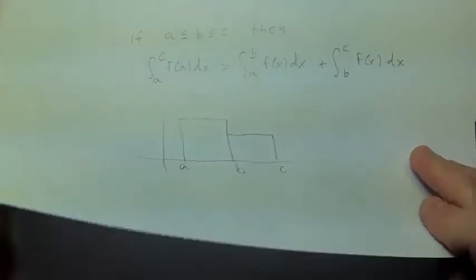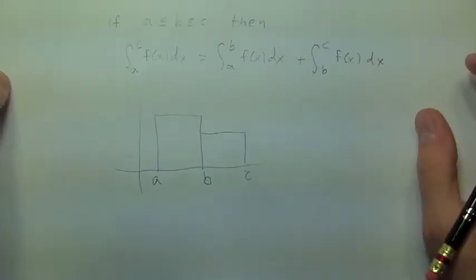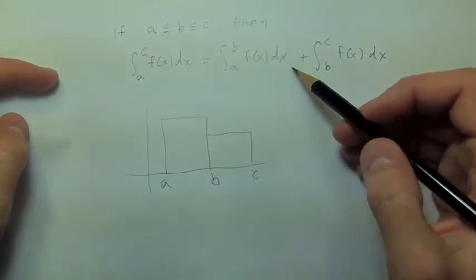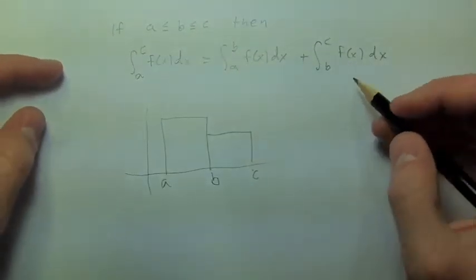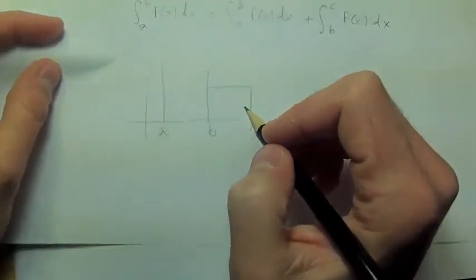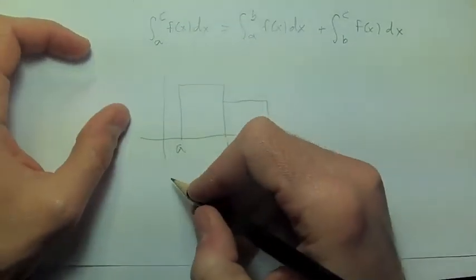So the integral from A to C is equal to the integral from A to B plus the integral from B to C.